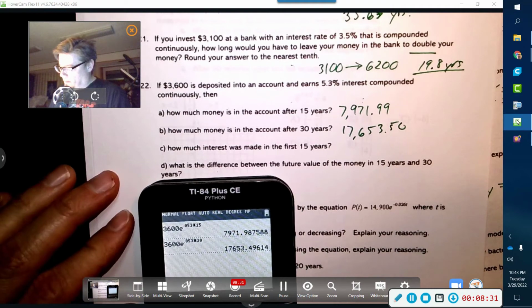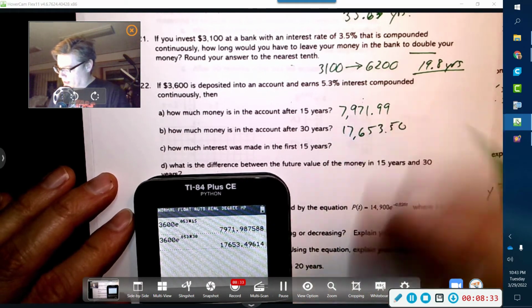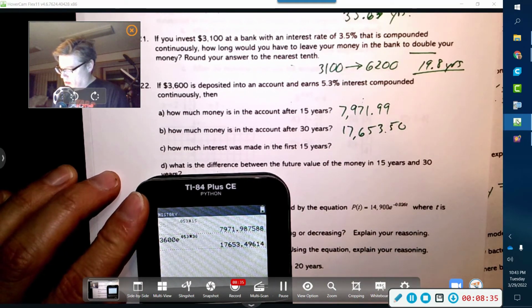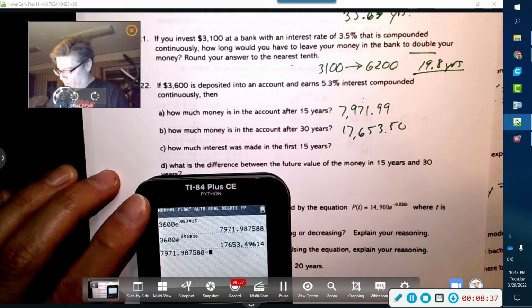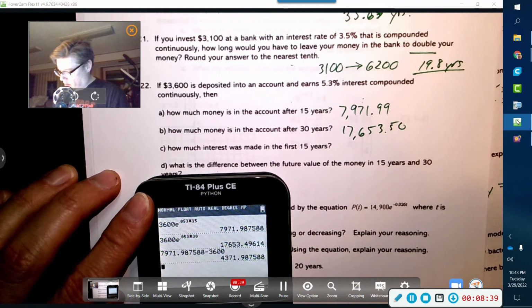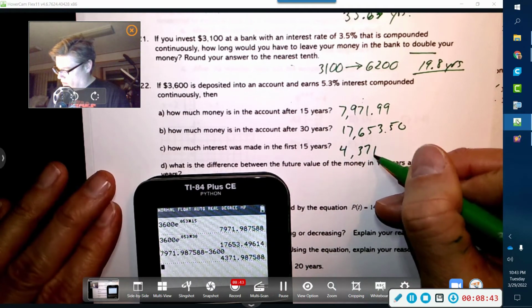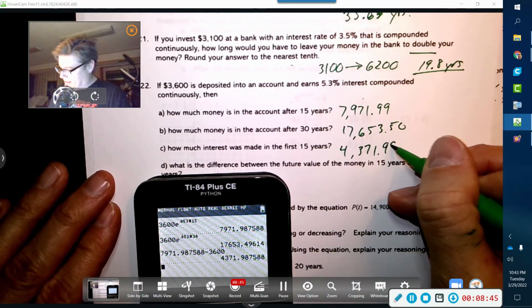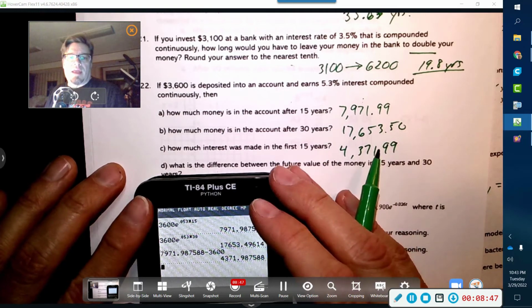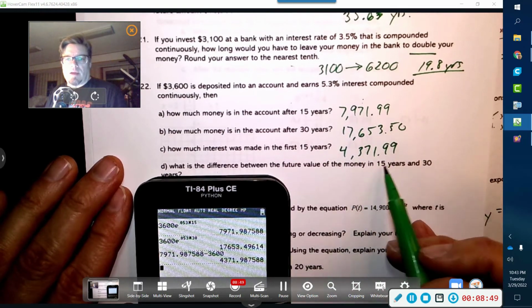All right, how much interest was made? Well, take that first value and you're going to subtract that from 3,600. Looks like you made $4,371.99. And then what was the difference between these two, right? Between 15 and 30?